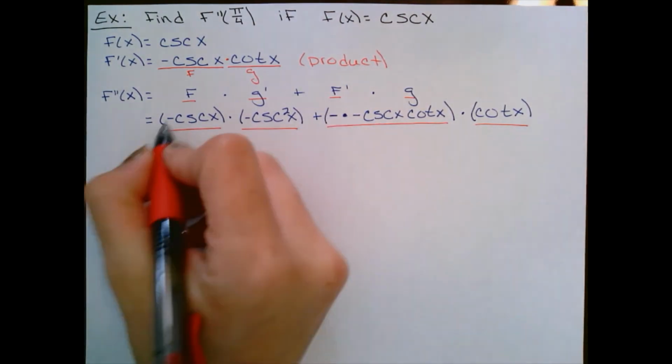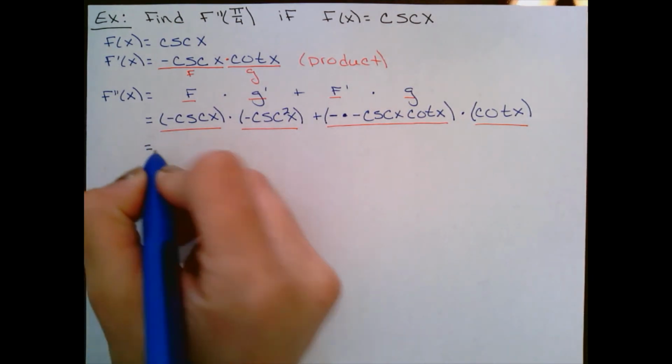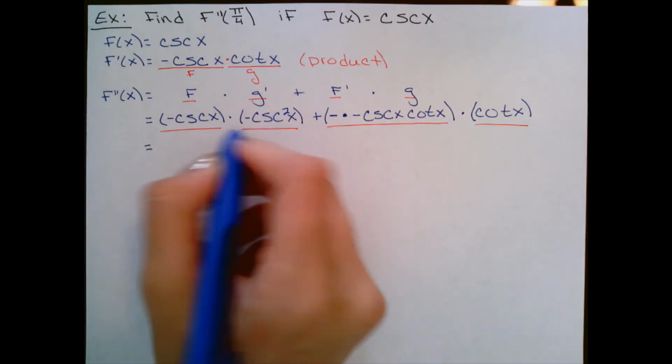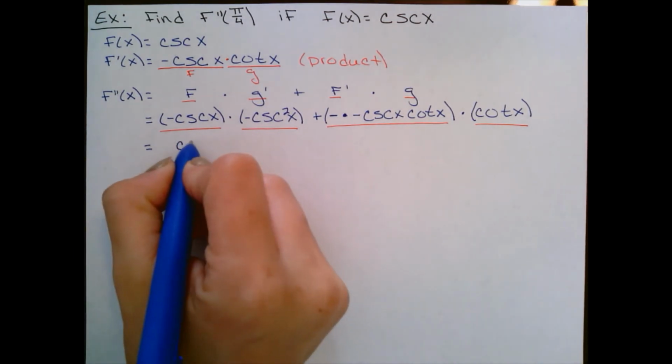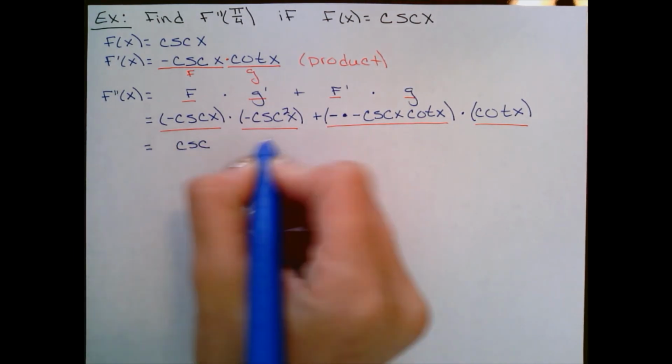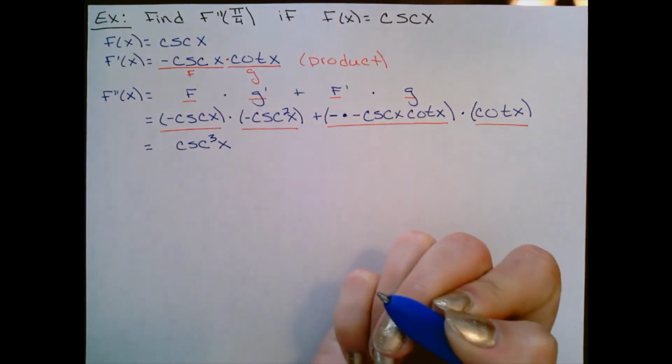So for starters, this negative and negative is going to become a positive. And then I have one cosecant here and two of them there. So with 2 and 1, we have a cubed, okay?